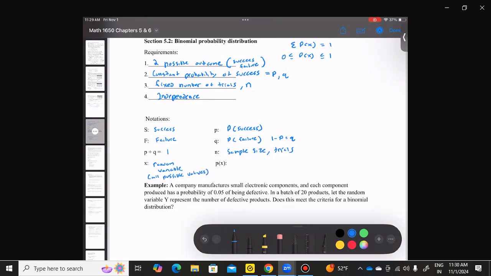P of X is the probability of the random variable, the probability of X, where X is the random variable.